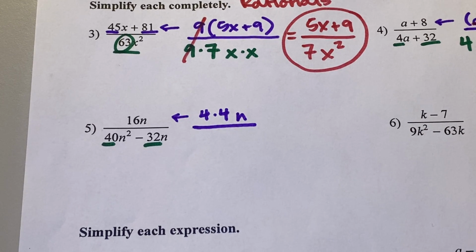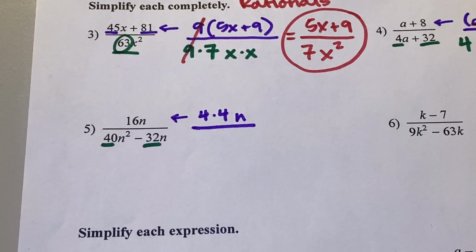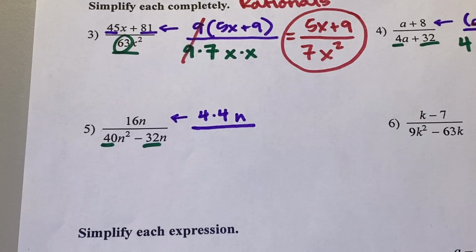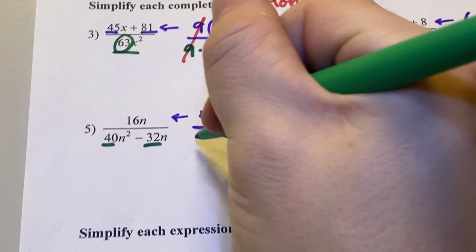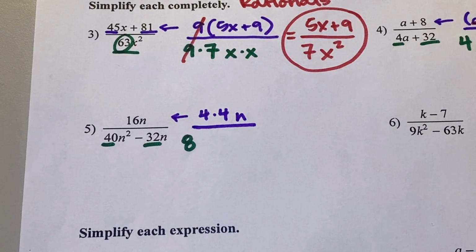What is it? 8. It's 8. Beautiful. We can divide an 8 out of both of those. You can take an 8 out.